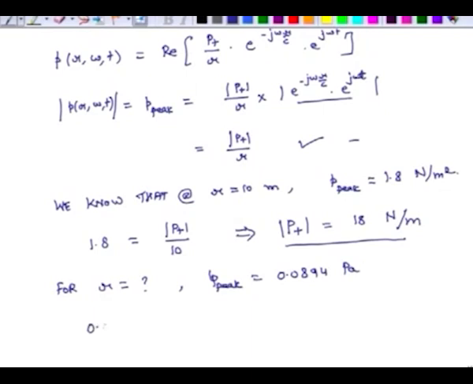So, 0.0894 equals P plus divided by r, and we know that the magnitude of P plus is 18. So, from this equation, r comes out to be 18 divided by 0.0894, and that equals 201.34 meters.